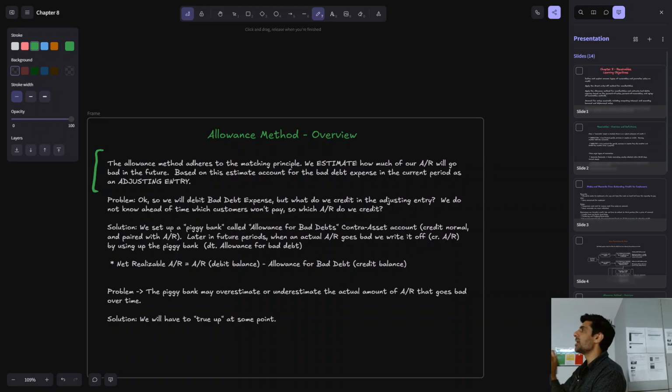Because in the last example we knew that Dan King is not paying us, but when we are at the end of the year, we have a bunch of accounts receivable with a bunch of different customers. We don't know ahead of time who's going to not pay us. So essentially what we're going to do is set up a little piggy bank account, and then as actual customers stop paying us, we kind of draw down that piggy bank. That's what we're going to be implementing.